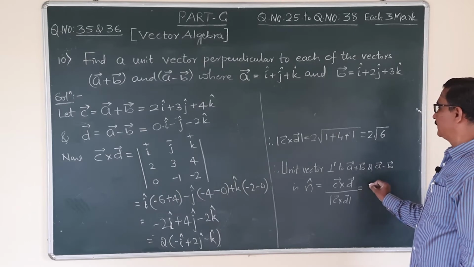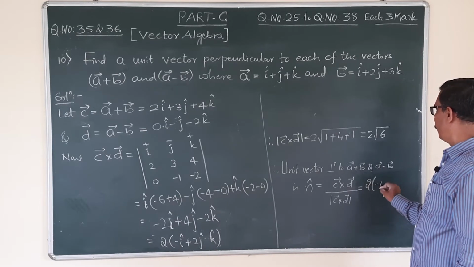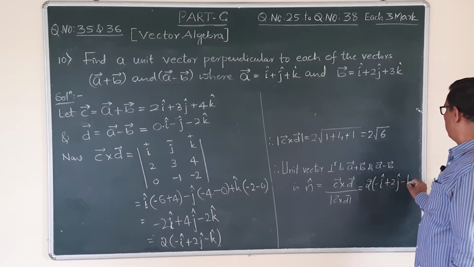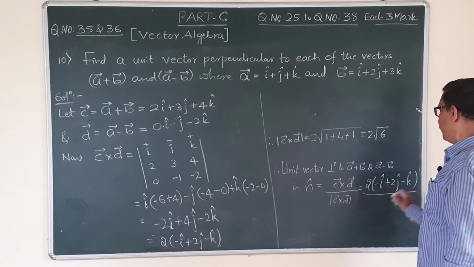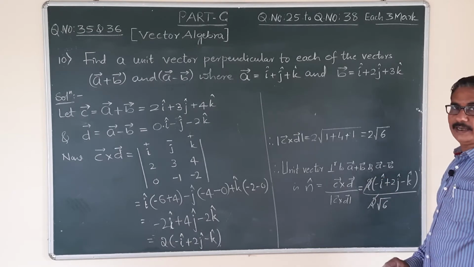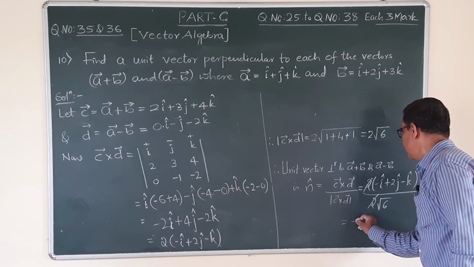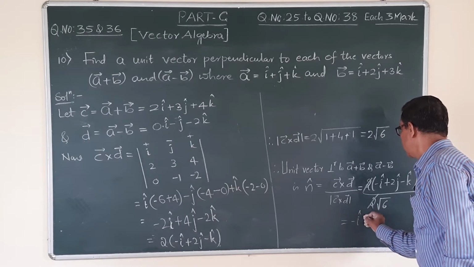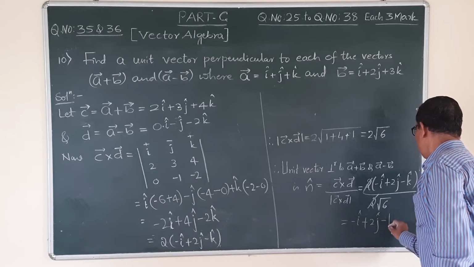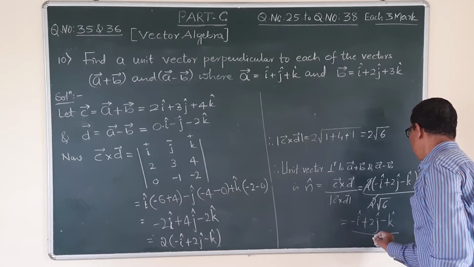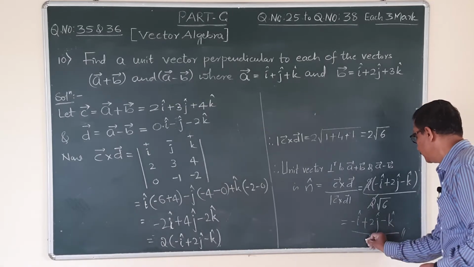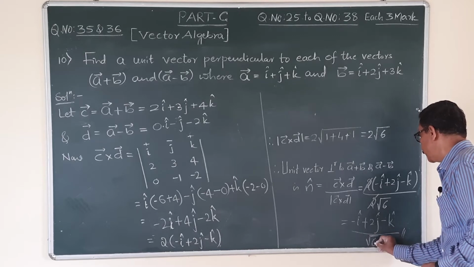That is equal to C cross D value 2 of minus i plus 2j minus k divided by their magnitude 2 root 6. 2 cancel, that equals minus i plus 2j minus k divided by root 6. That is the answer.